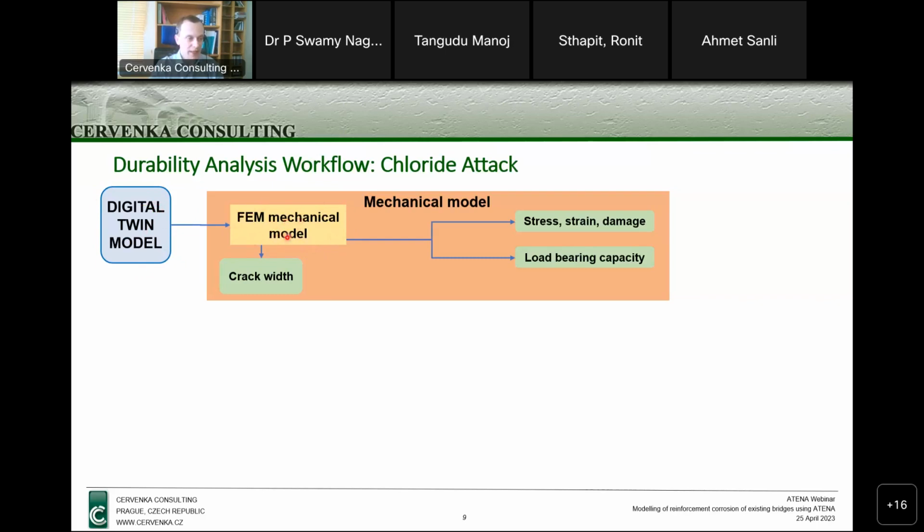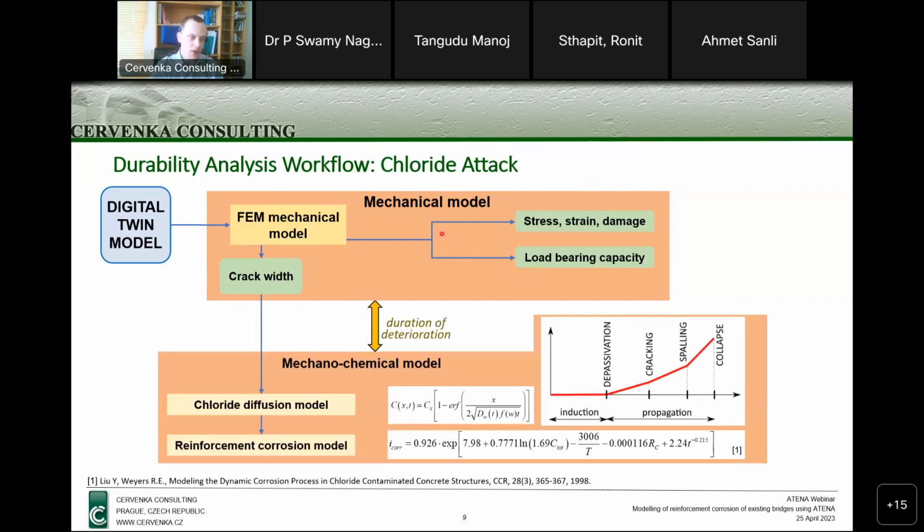This is the finite element mechanical model, which as the main outcomes gives the stress and strain distribution over the structure and can be used for assessing the load-bearing capacity. Furthermore, as we are dealing with nonlinear modeling, in ATENA you get the crack width distribution over your model. So this part is calculated in the mechanical model, which is then coupled with a mechanochemical model.